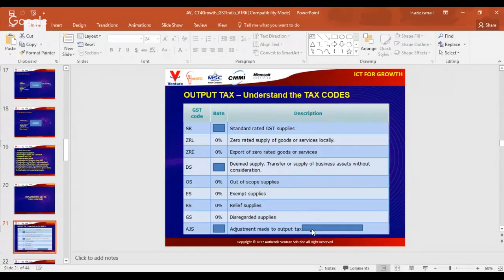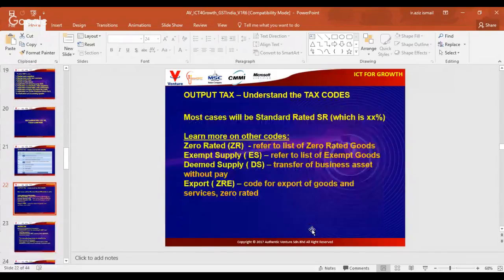It could be exempt supplies, or it could be out of scope. I mean, you need to select the correct code. You are going to be using a lot of the standard rated, but then you may have to use the zero rated, exempt supply, deemed supply, export code. So you will learn about that.